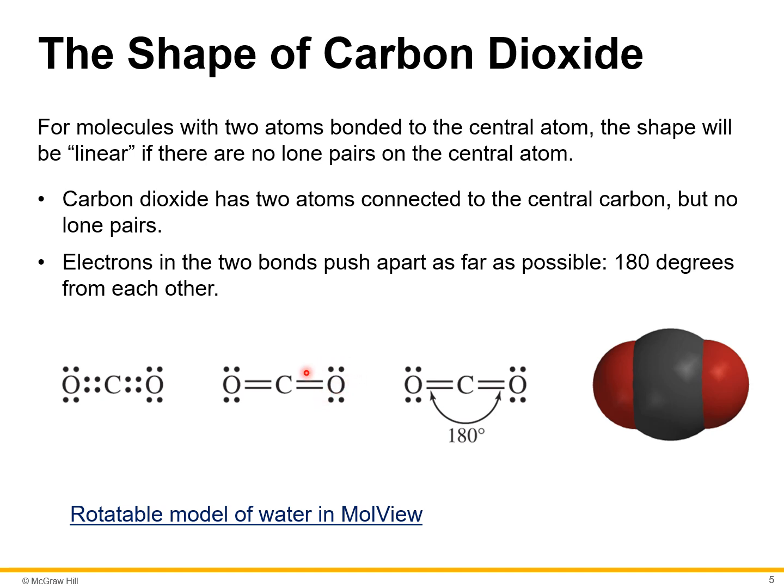We have one group on the right, one group on the left, and no lone pairs on the central atom. We do have lone pairs on the oxygens, but when we're talking about shape, we always focus on the central atom. So when there are 2 groups and no lone pairs, the shape is linear, and it's a 180 degree straight line angle.